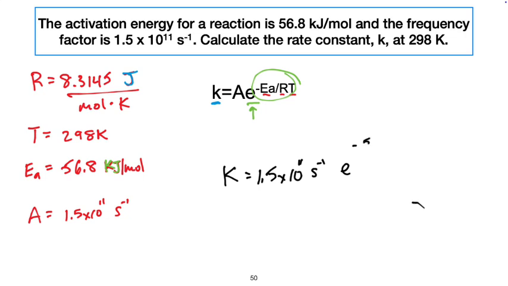It should be 56800. Did I do that right? Joules now per mole times 1 over my R, which was 8.314 joules. Because I have that in the denominator, I can drop my moles and Kelvin up on the numerator.